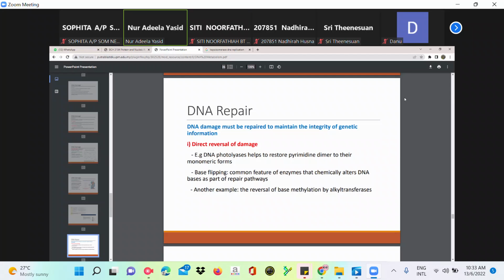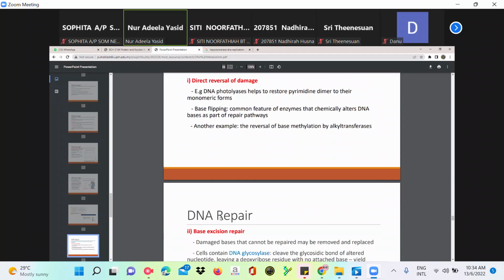Either by this flipping, enzymes also act on DNA bases as part of repair pathways. Another example is the reversal of base methylation by alkyl transferases. Any direct reversal of the damage uses enzymes only.